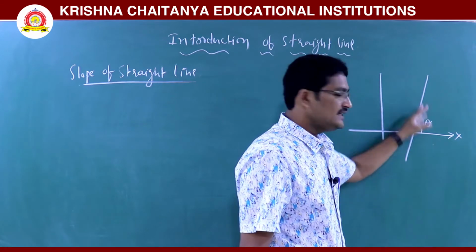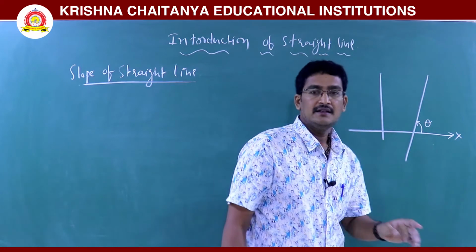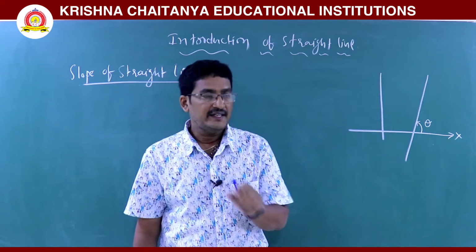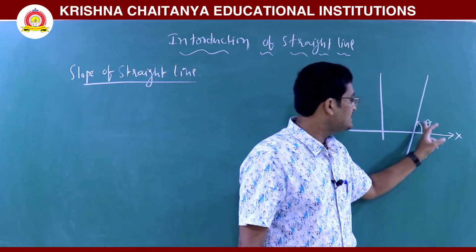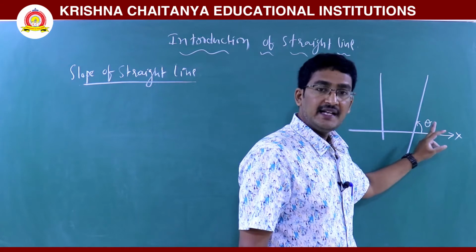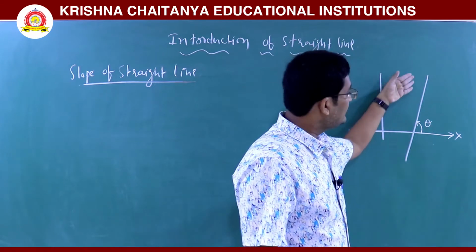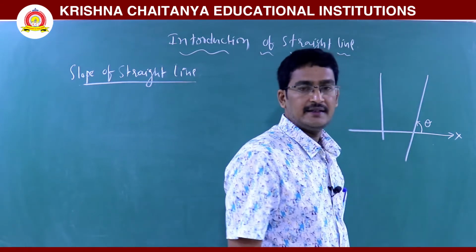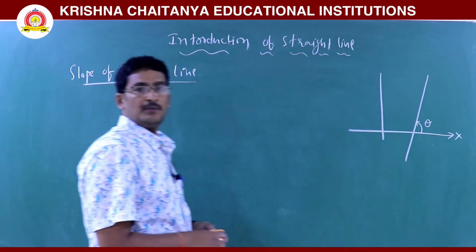If theta is an inclination of this line, then the value of tan theta, the value of tangent of theta, is defined as the slope of this straight line. That is the definition of the slope of the straight line.